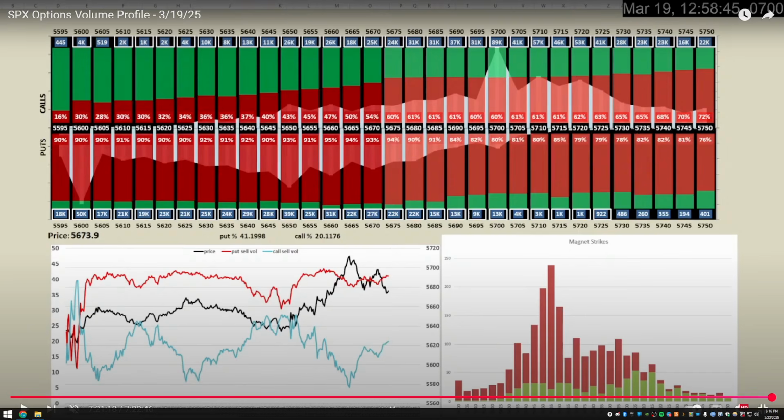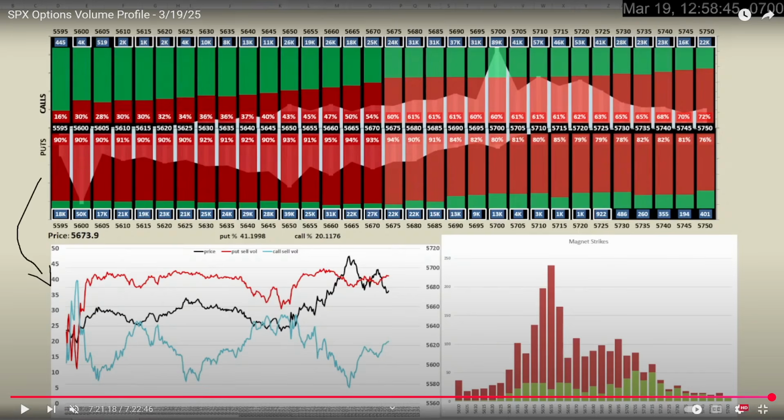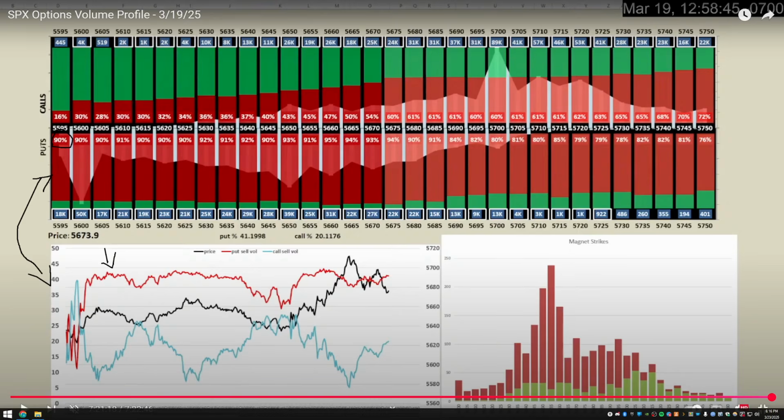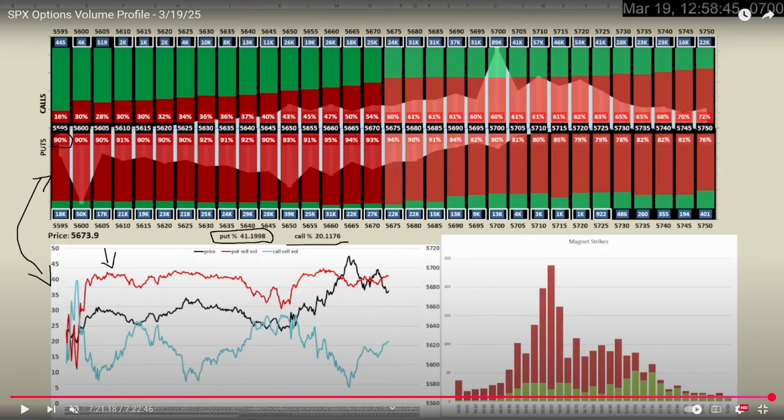This chart on the bottom left relates to these percentage numbers. Right? The red is the put sell percentage, and it's an aggregate of 100 strikes. And you can see the aggregate number right there. Just the same as calls right there, they're at the top.